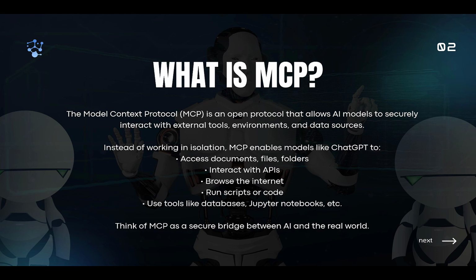It's basically an open protocol which allows AI models like ChatGPT to securely interact with external tools, environments, and data sources. Now we have three words over here. One is model, then context, then protocol. When we talk about model here, we are talking about models like ChatGPT, LLMs, right?